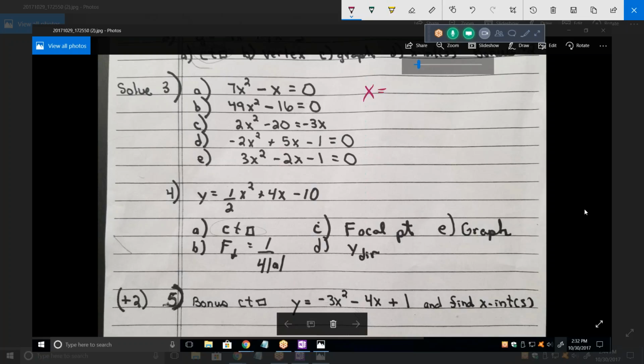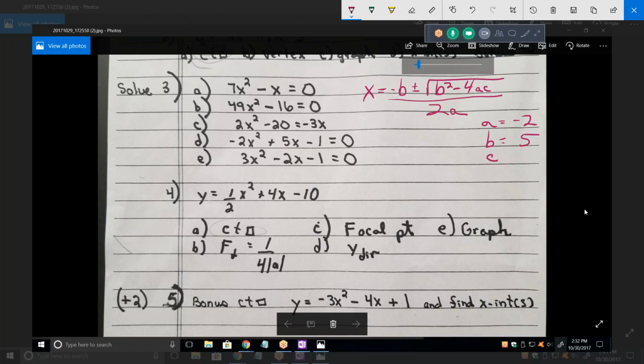What's the quadratic formula, the general format? Negative b plus or minus the square root of b squared minus 4ac, all over 2a. Okay. Tell me what a, b, and c are. A is negative 2. B is 5.